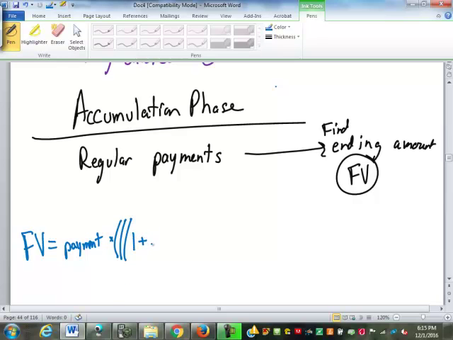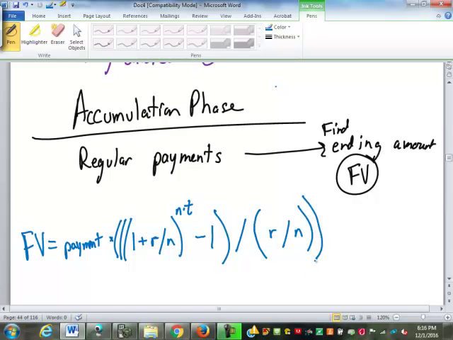The first part of this will look fairly familiar. 1 plus R divided by N, close parentheses, to the power of N times T, where T is your time again, minus 1, close parentheses, divided by, open parentheses, R divided by N, close parentheses, and close parentheses.